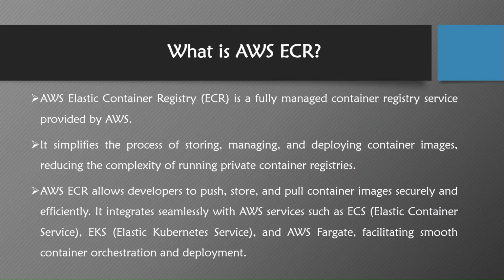So what is AWS ECR? Elastic Container Registry is a fully managed container registry service provided by AWS. This ECR is similar to Docker Hub. It simplifies the process of storing, managing, and deploying container images, reducing the complexity of running a private container registry.